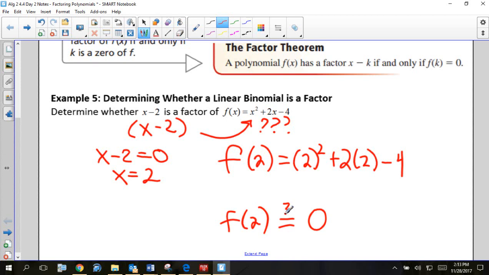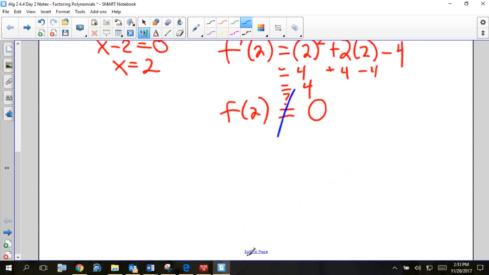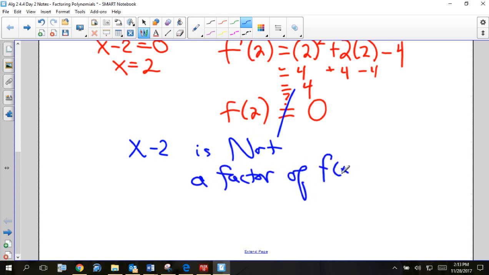So we plug in 2, we do 2 squared, that's 4, plus 2 times 2 is 4, minus 4, and we get 4. Does that equal 0? No. So what can I say? Not a factor. Say it's not a factor. So in order to be a factor, it will equal 0.